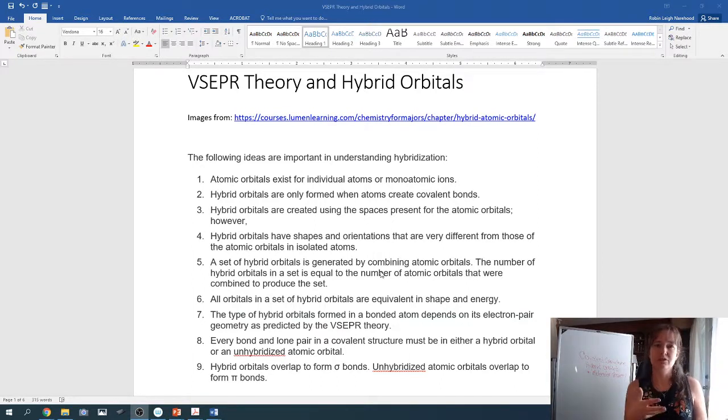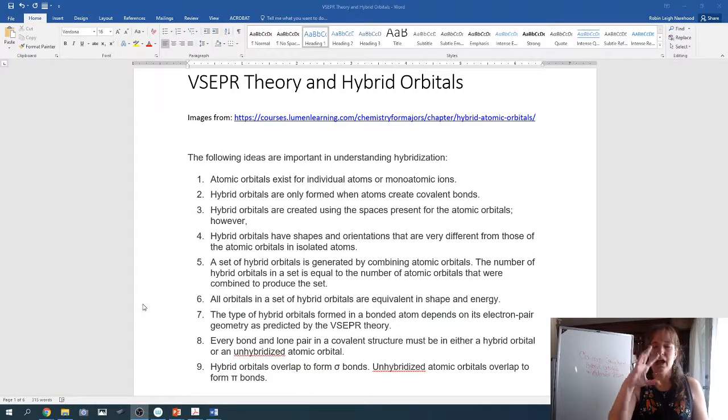Well, hybridization with orbitals is a little bit different than that. There aren't parent orbitals. If we start with atomic orbitals, the s, p, d, and f orbitals that we talk about that are present in atoms, they're only present in individual atoms or monoatomic ions.